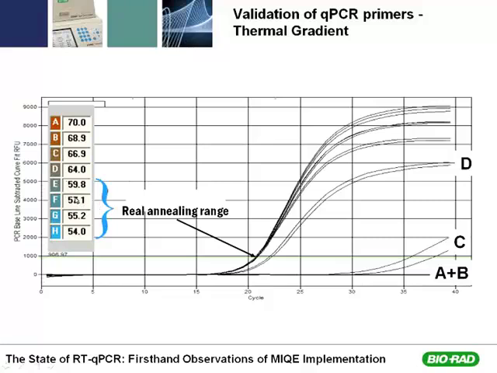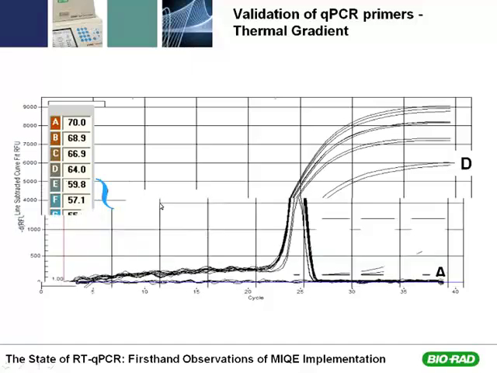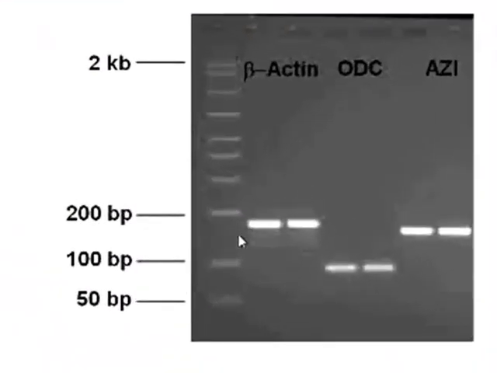When you know that temperature, take the tape off the plate and then pipette at that optimal temperature the replicate wells onto a gel to confirm that your amplicons are running at the right molecular weight, which would indicate that you're amplifying the correct target, which is important, right?